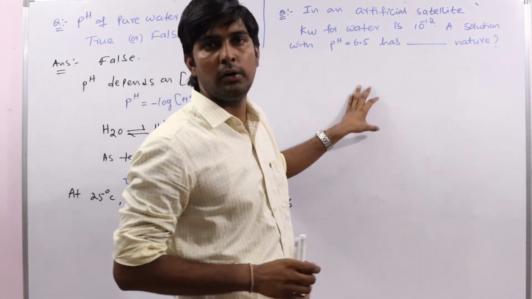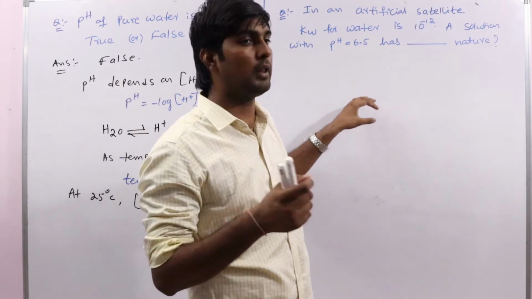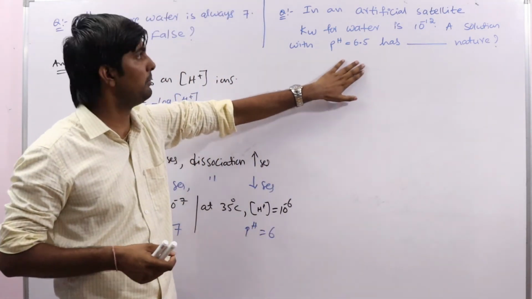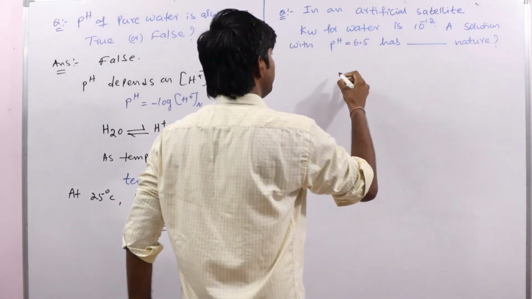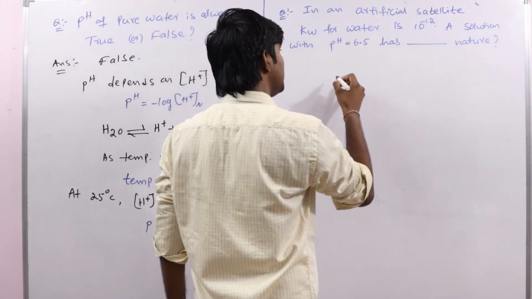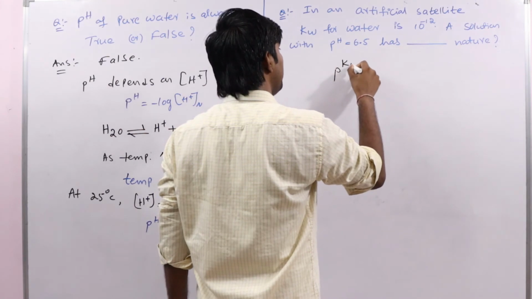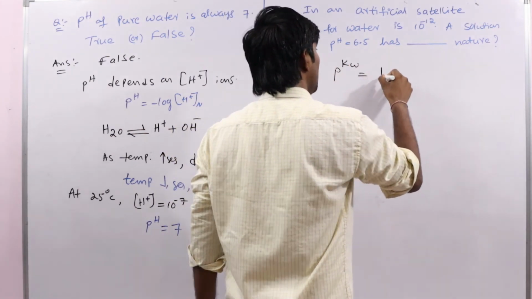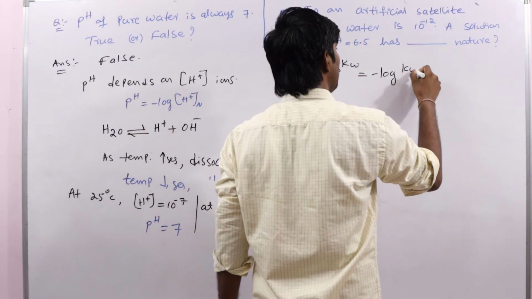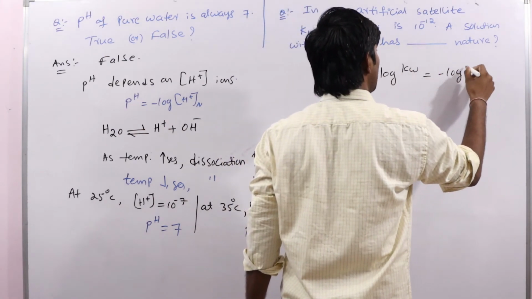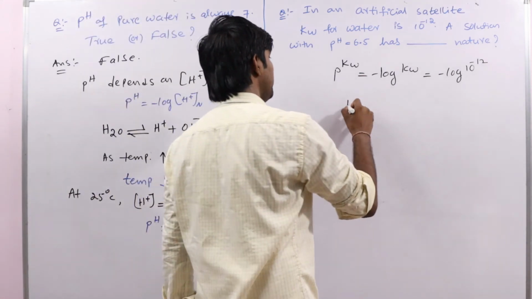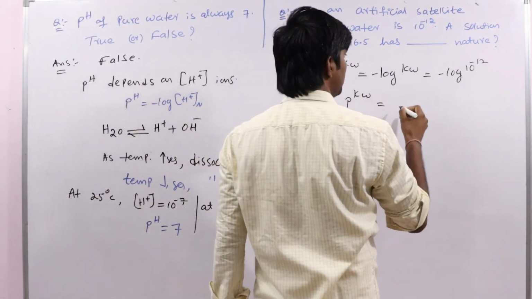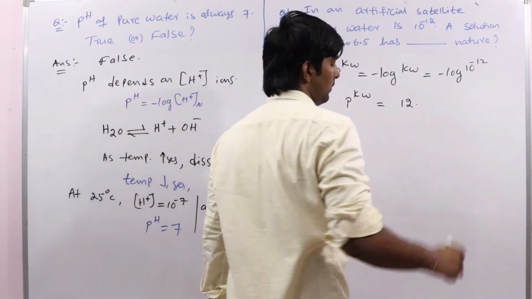Let us see. We already discussed the table, that application we use here in this type of problems. Very important. So here first Kw is given as 10 power minus 12. So pKw is equal to minus log Kw, that is equal to minus log 10 power minus 12. So pKw is equal to how much? 12.